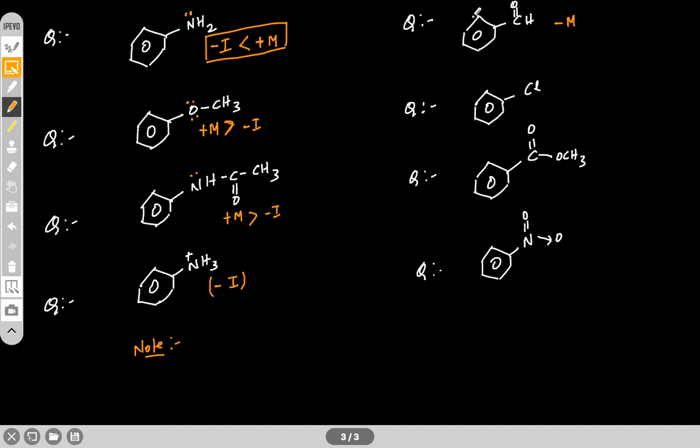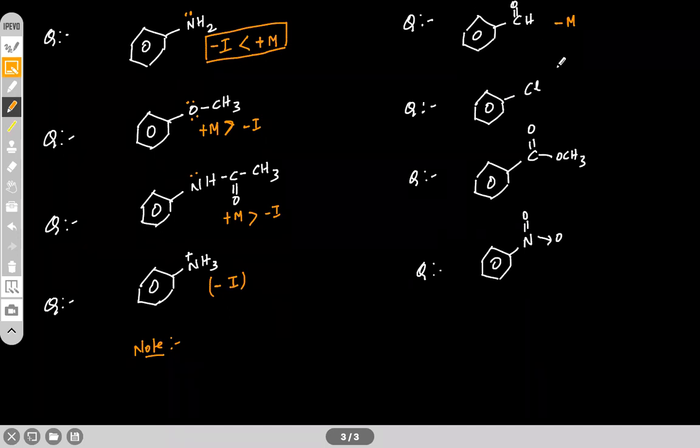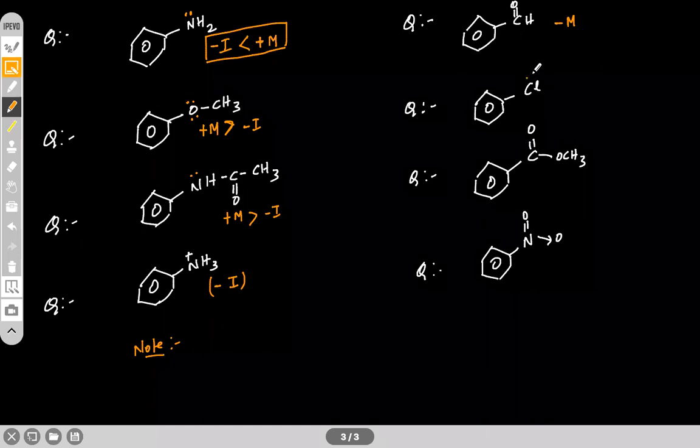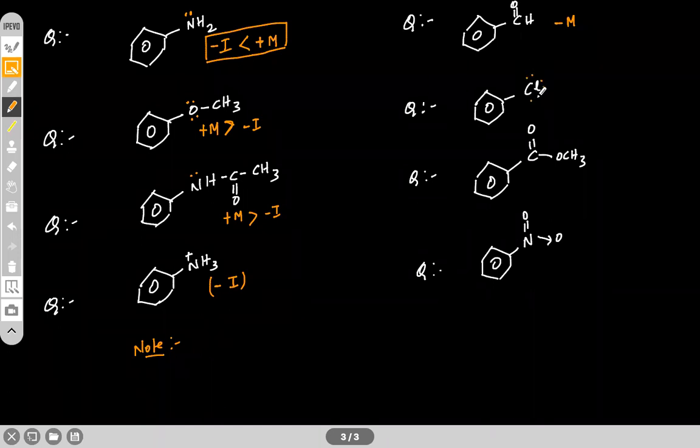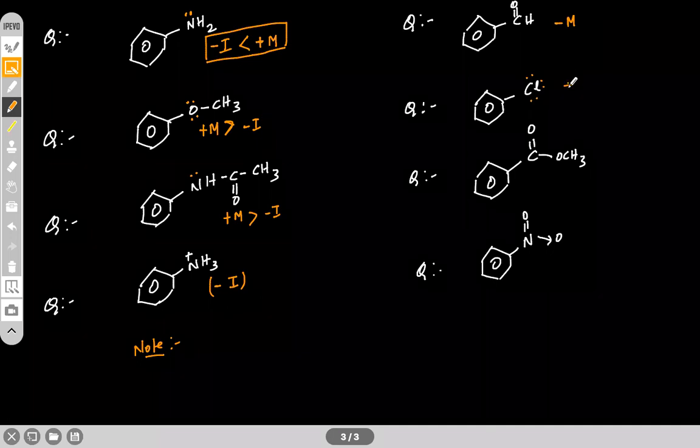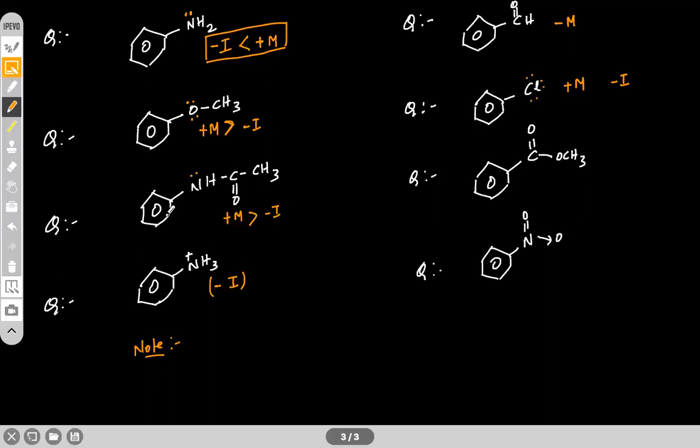Minus I is not possible. Okay. Chlorine has three lone pairs on it, so it shows plus M and it also shows minus I. Here it shows minus M, and this one shows minus M or minus I, but again minus M dominates minus I.